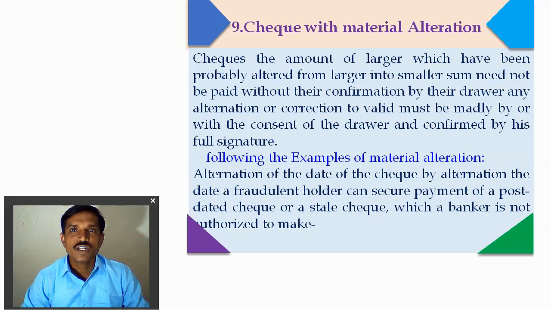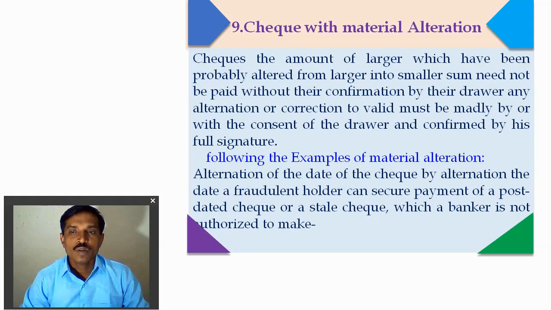Sometimes the customer mistakenly makes some alteration, and at that time the banker takes the signature of the customer for validation of the check. But if persons other than the customer or drawer try to raise the amount or make any alteration in the check, that is not allowed by the paying bank.